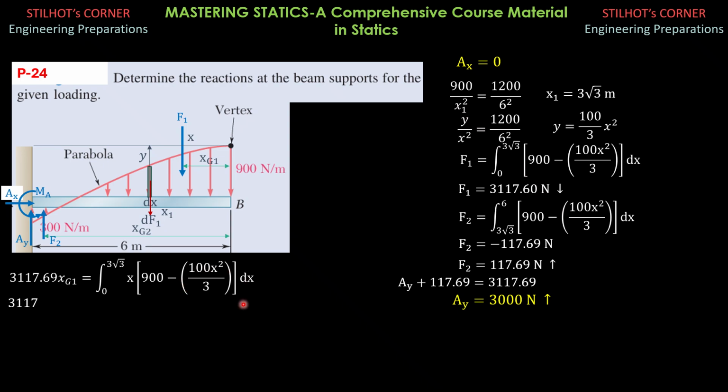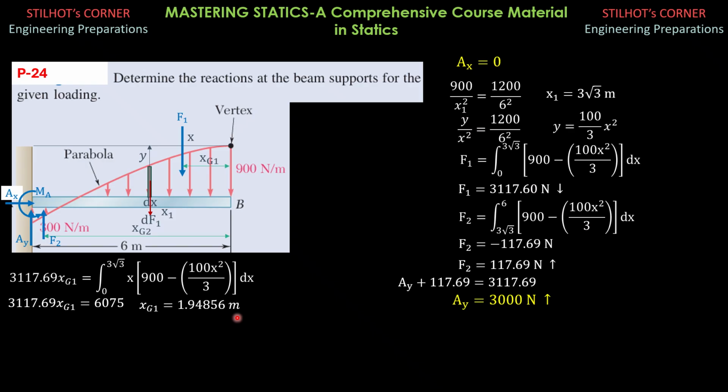So using your calculator, the right side is equal to 6,075 newton meters. So xg1 equals 1.94856 meters. And take note, this is 3/8 of what I said of x1, this horizontal base. So 3/8 of 3 square root of 3, check it, it's 1.94856.